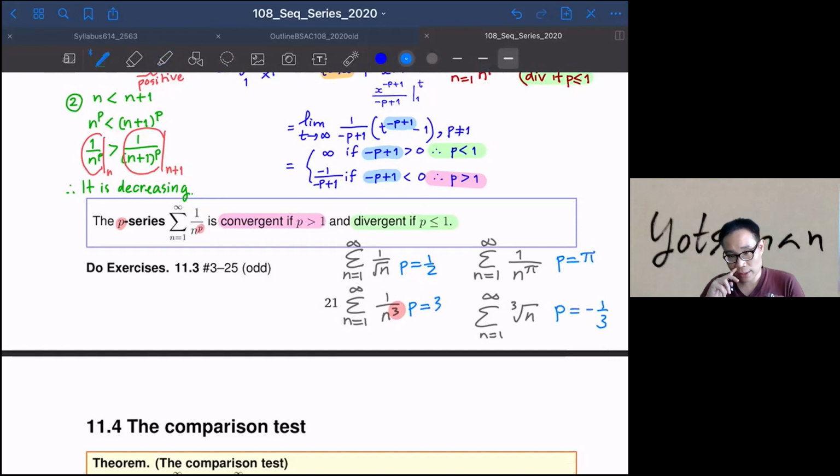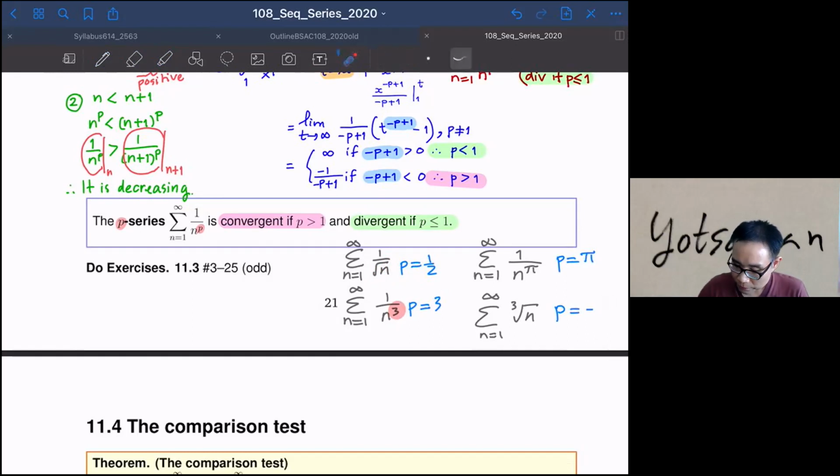So the parameter p from each series, here is going to be p equal to 1/2, because this one is going to be n to the 1/2. So it turns out to be that parameter.